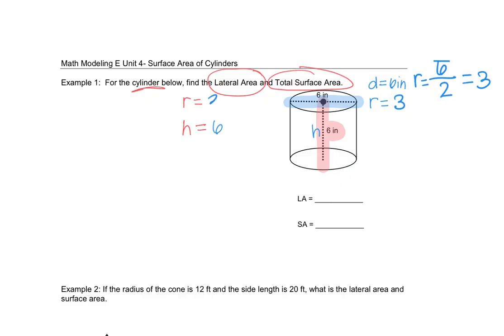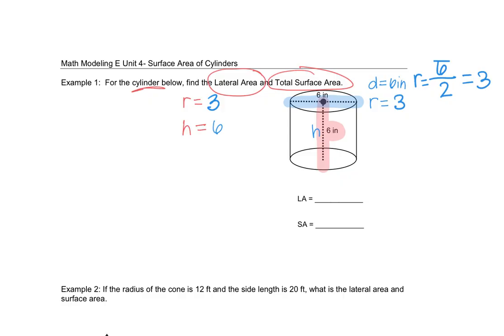So r is 3. Ok, so yo necesito saber qué es r, el radio, y la h, la altura, para hacer mis fórmulas, mi lateral y mi superficie total. Yo veo claramente que la altura es 6 pulgadas, 6 inches. Lo que no está muy claro es qué es el radio, ¿ok? Pero está en la base, que es el círculo.